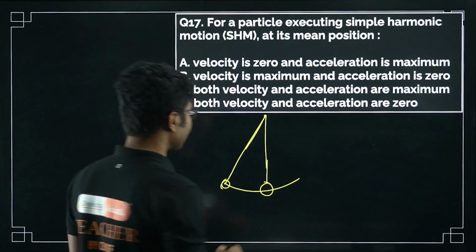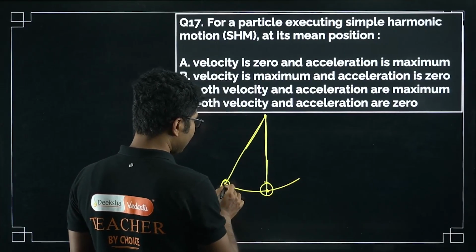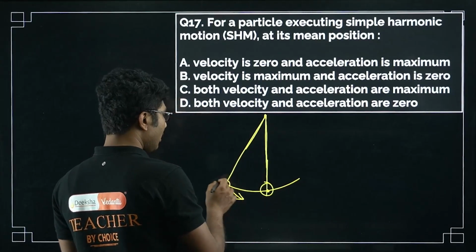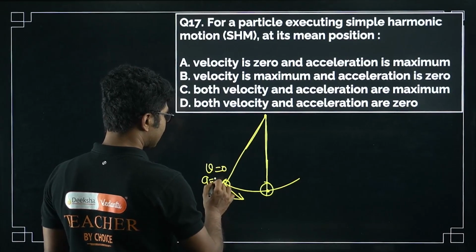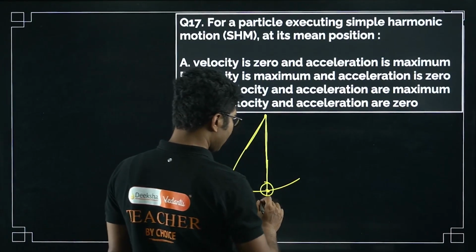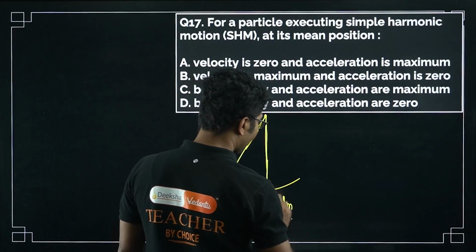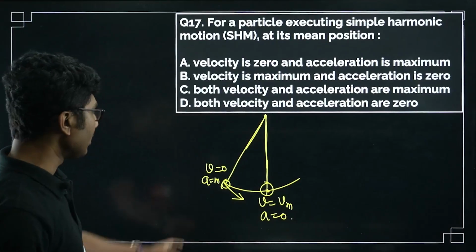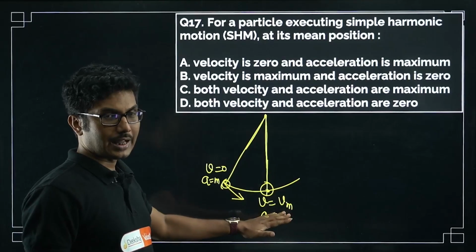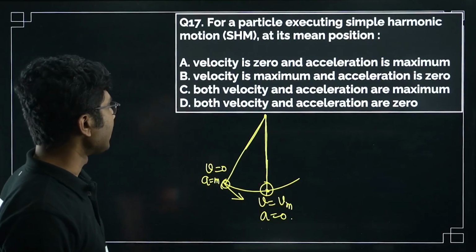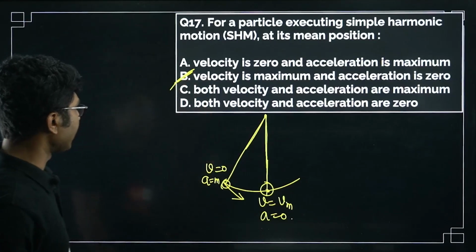At the mean position, so at this position when the particle reaches over here, okay, so at the maximum position velocity is 0 and acceleration is max. Okay, at the mean position velocity is maximum but acceleration is 0. Okay, because it is not accelerating, if you stop the velocity it will stop. Okay, acceleration is 0, that's why it is called mean position. So velocity is maximum and acceleration is 0. So option B is correct.